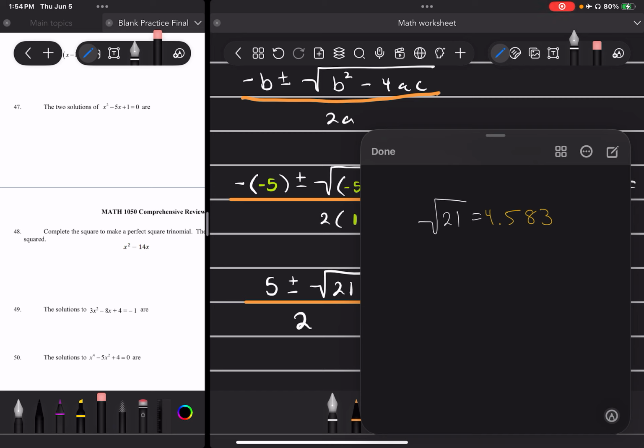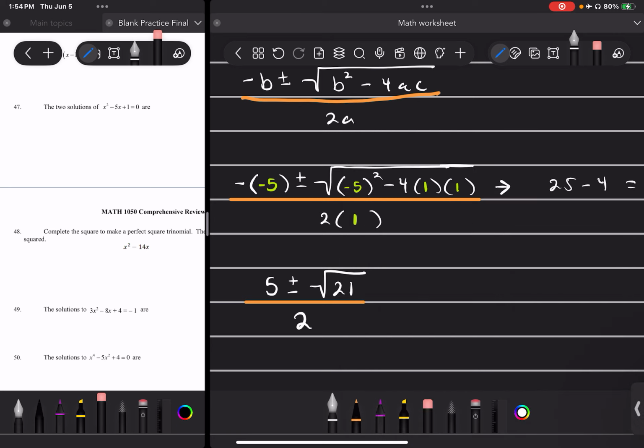There's no way we could have guessed that off the top of our head. We tend to think in whole numbers or fractions, so that would have been an impossible number. And that's why we say this question is prime. It's because it doesn't simplify easily as a trinomial.